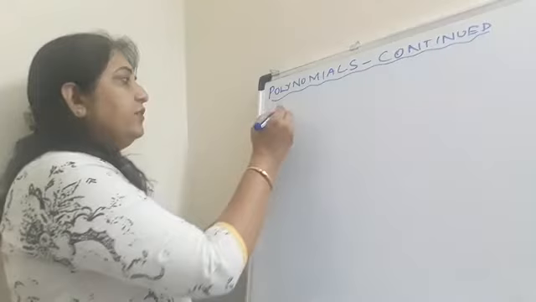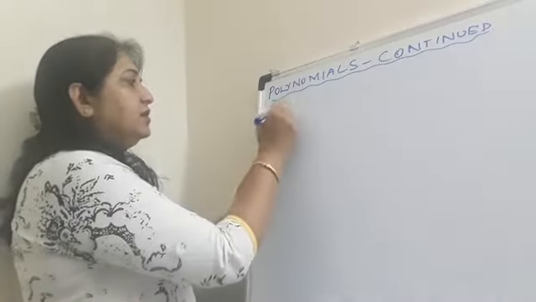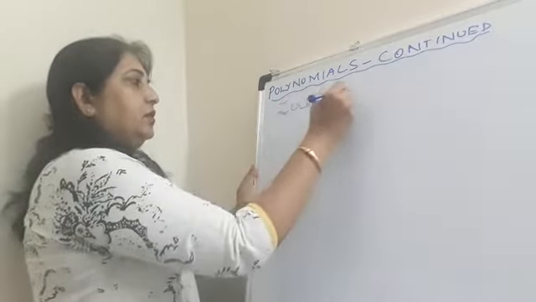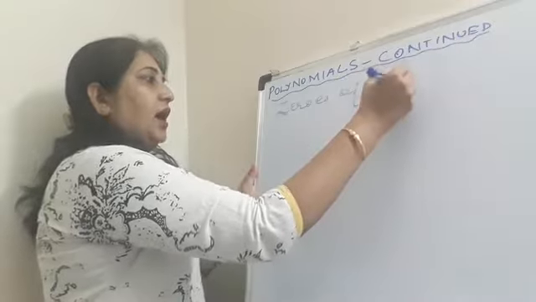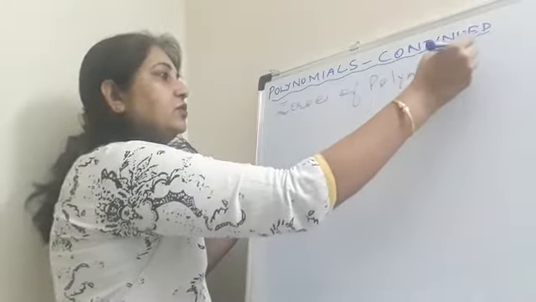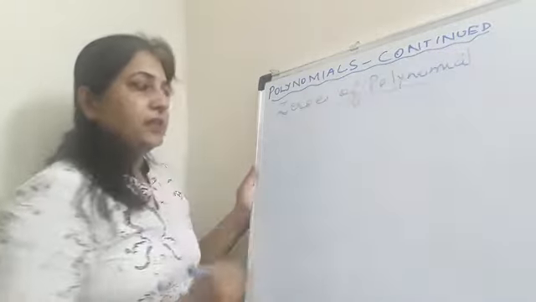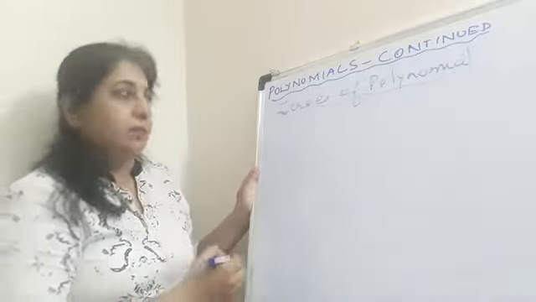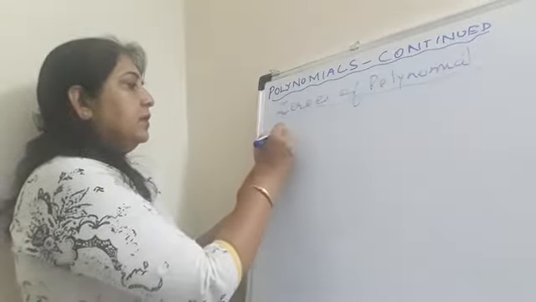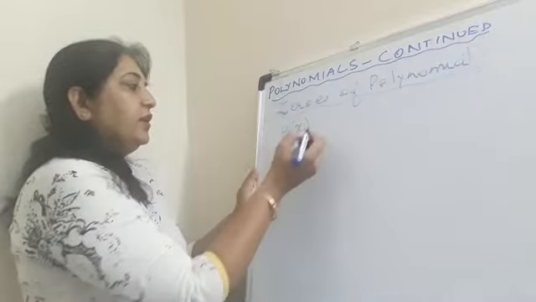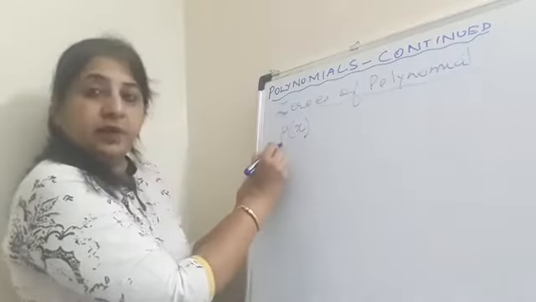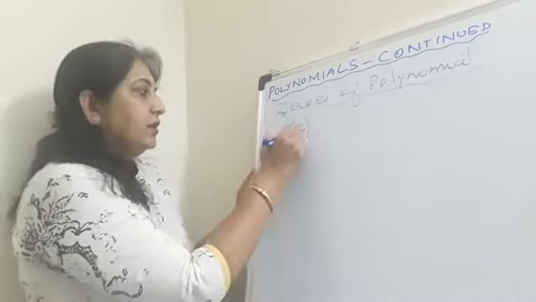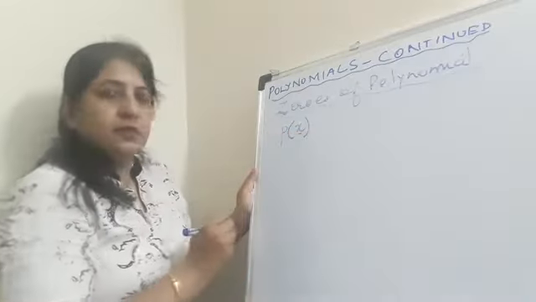Now today we are going to study the zeros of the polynomial. How to find the zeros of the polynomial, right? So if I take an example, a polynomial p(x), we denote polynomial by p or q with the variable inside it.